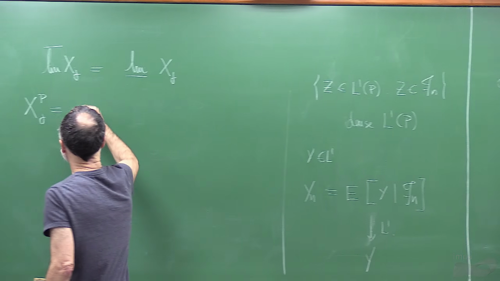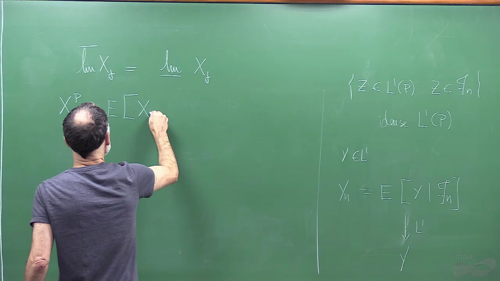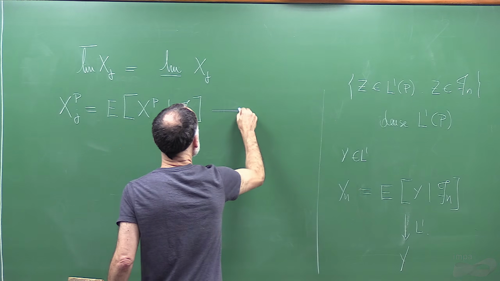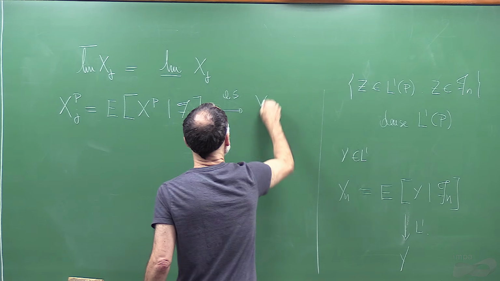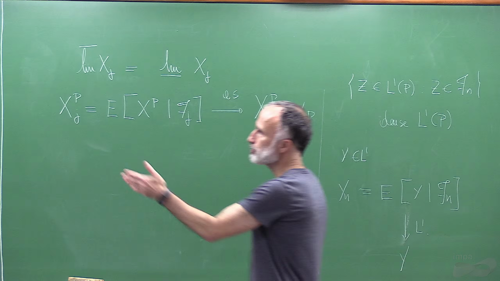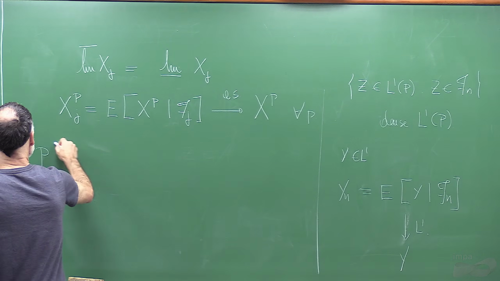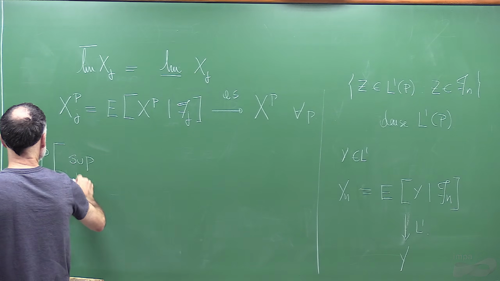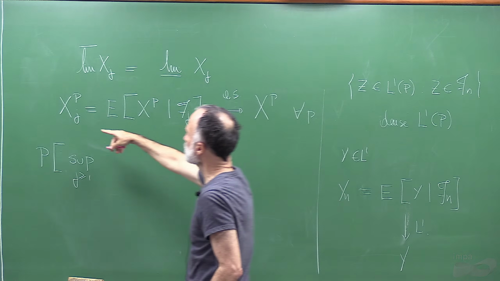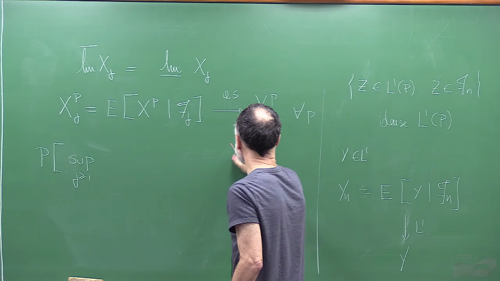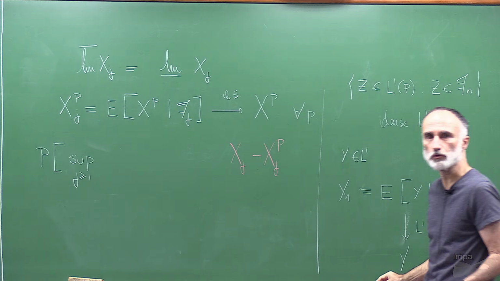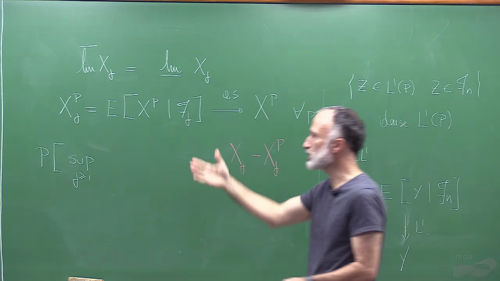So if I define the martingale of Xp given Fj, I know that this martingale is converging almost surely to Xp for all p. And I just repeat the computation I did before. In this computation, I know that this is a martingale. If I take the difference Xj minus Xjp, this is also a martingale. Difference of two martingales is a martingale, so I can repeat exactly the same computation.